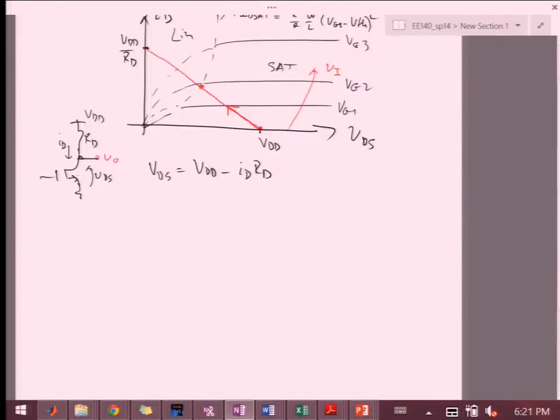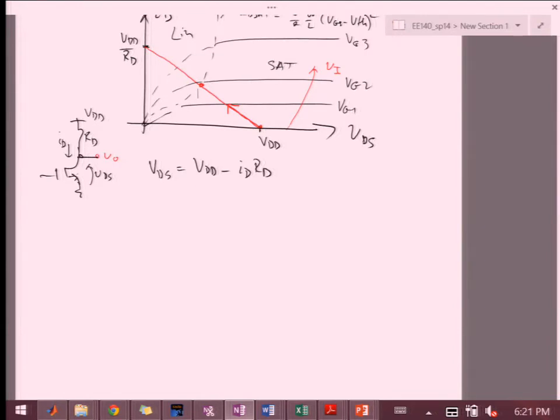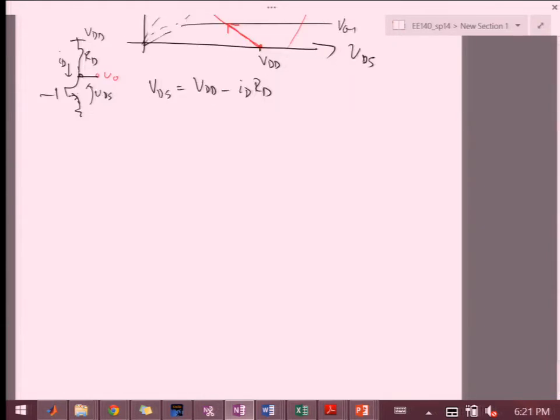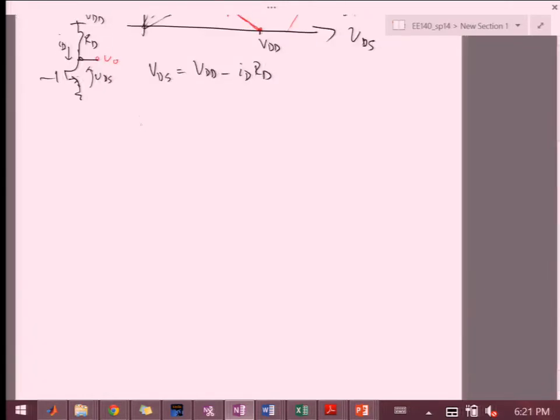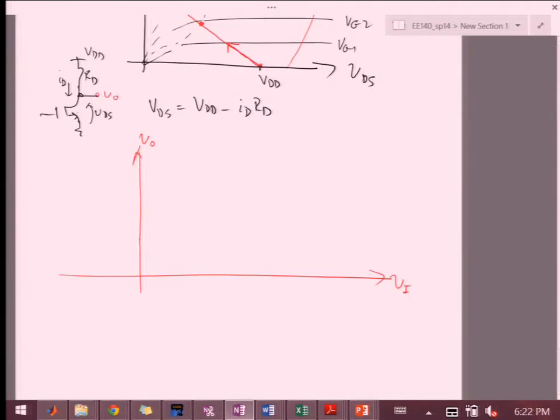Now, in terms of amplifying the signal, why is it useful to draw these V out versus V in lines? I can find where I'm getting the region of the highest gain, and how far away I am from each point, cutoff or linear region, so that I can accommodate the largest signal coming in and getting out of the stage.